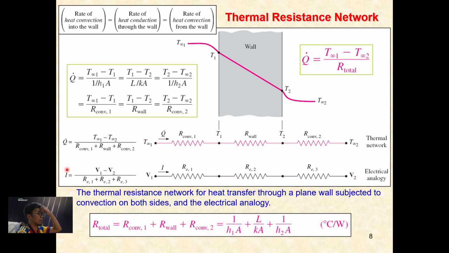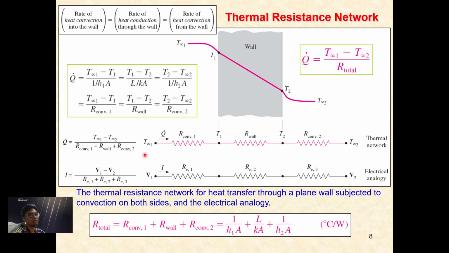Samalah macam thermal resistant network ni, you totalkan resistance of wall tu dengan resistance of convection sebelah luar dan sebelah dalam. You totalkan up dia, kemudian you cari temperature different max and lowest, then you dividekan dia. Barulah you boleh dapat Q ataupun heat transfer rate di sini.